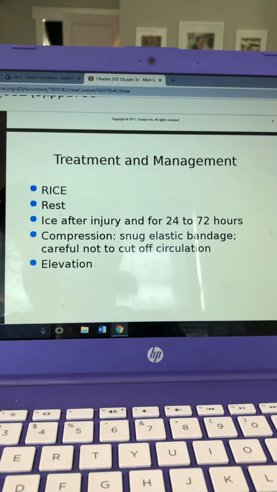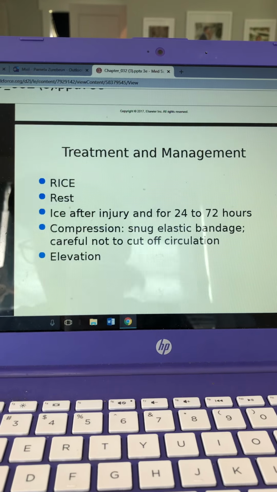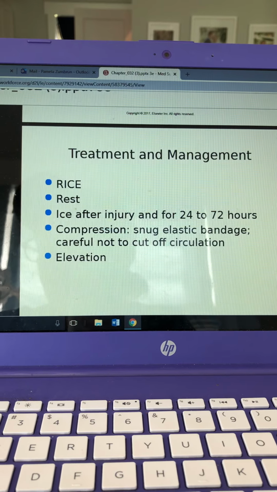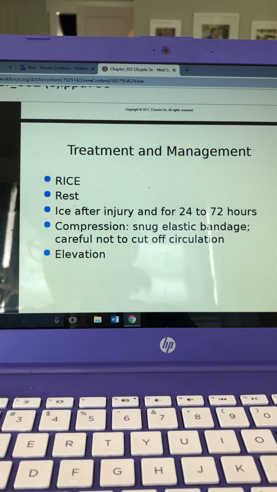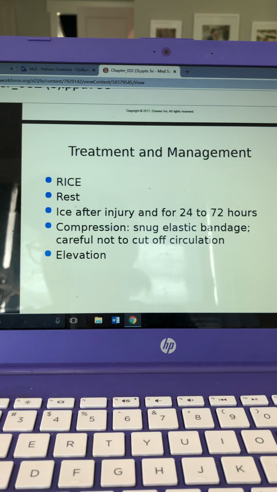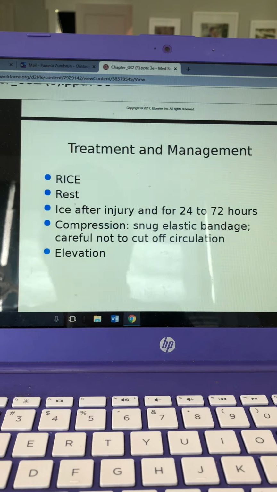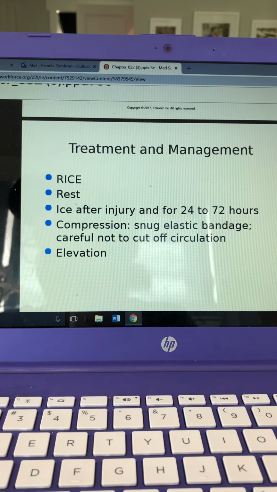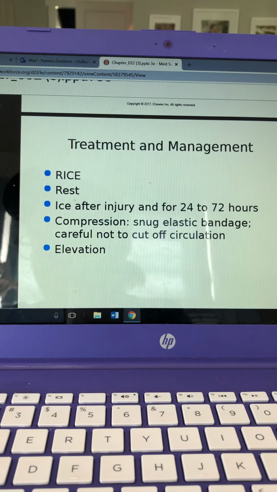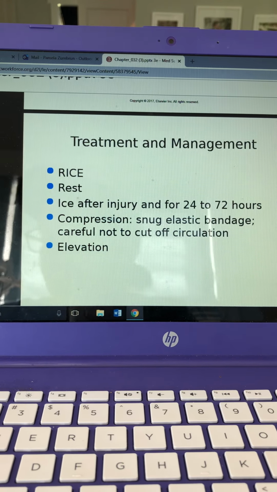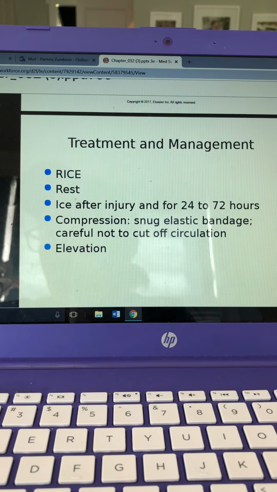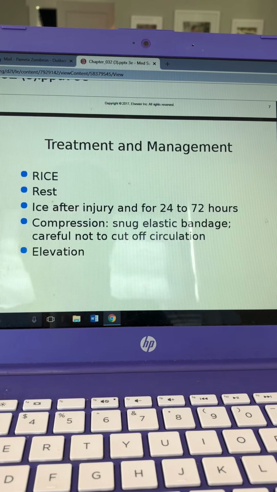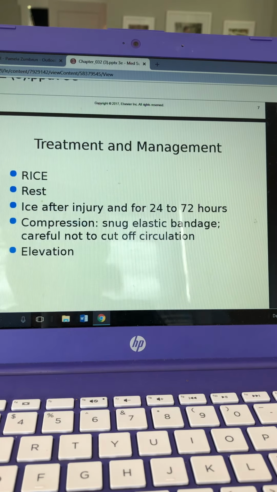So applying the ice can be for sessions of 10 to 20 minutes every 1 to 2 hours to minimize swelling and pain. And the compression, of course, is to stabilize the area. The ligament is going to heal by scarring, and this person can gradually start to exercise the area again as they feel comfortable doing so.